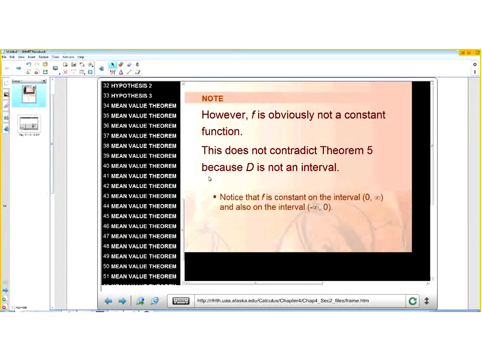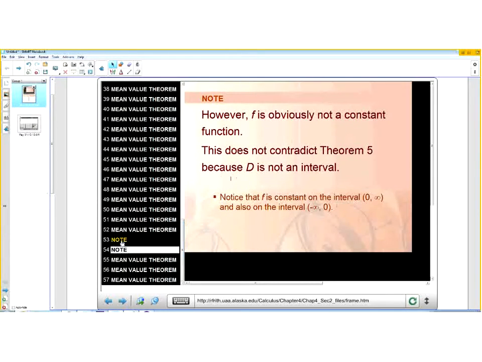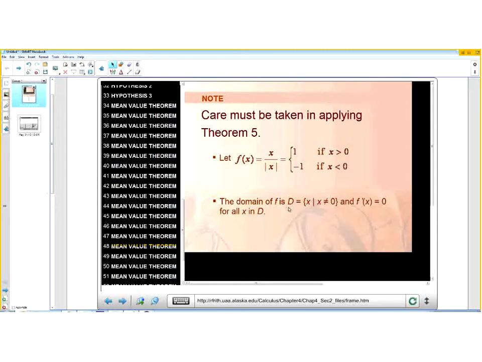It doesn't contradict the theorem because the domain D is not an interval, because 0 is excluded from the x-axis. It's actually a union of two intervals. Therefore there's no conflict with existing theory.